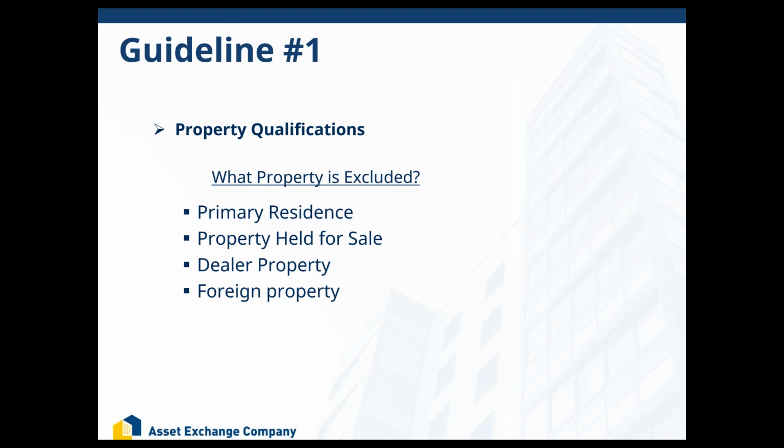Hey, here's the day I showed it to the potential renter. Here's the MLS listing showing it for rent. Here's the credit report I ran on that potential renter. All of that type of stuff is going to be their backup, right? It's going to be their proof that they held that property for investment and not for sale, right? But again, if they just buy the property and however long it takes for them to fix it up, all right, and then they turn around and sell it, they can't do a 1031 exchange on those types of properties.